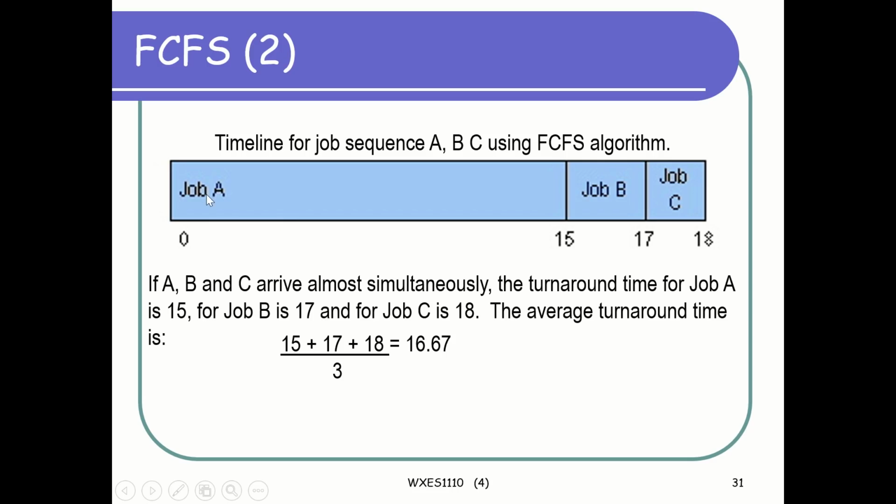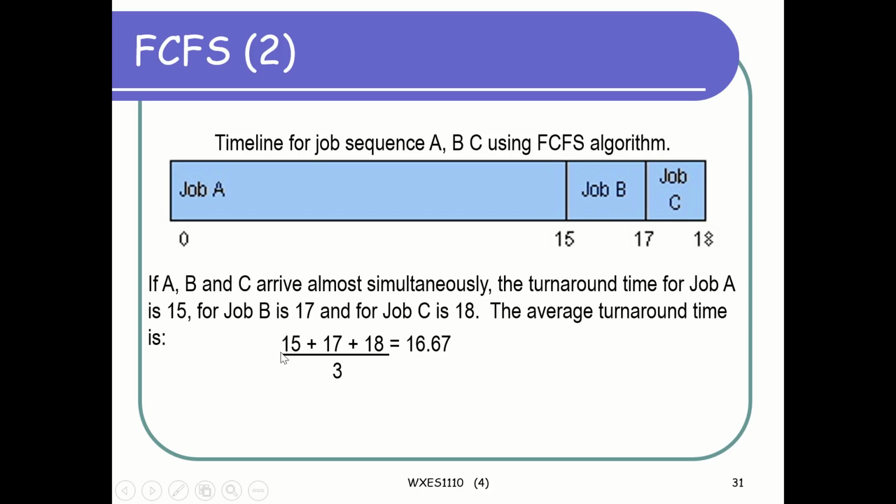Here you have job A coming in first, taking 15 seconds. Job B takes 2 more seconds, until 17, and job C takes 1 more, until 18. If A and B arrive almost simultaneously, the turnaround time for job A is 15 because we have to finish job A first. Then job B finishes at 17, and job C at 18.